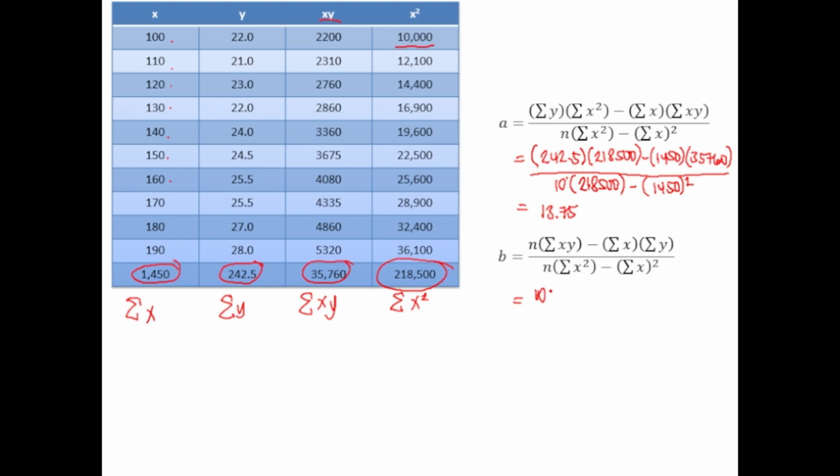So, ito ay 10 times summation ng product ng x and y. So, ito ay 35,760 minus product ng summation of x, 1,450, times 242.5, all over 10 times summation of x squared, so that is 218,500 minus square ng summation of x, so ito ay 1,450 square. Okay, press this sa ating calculator.